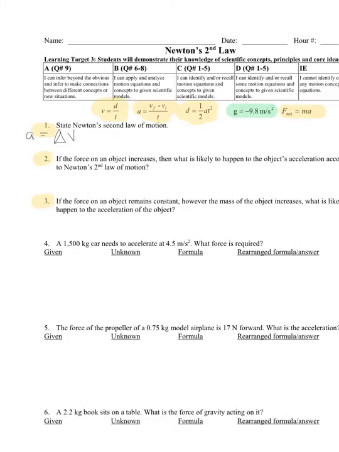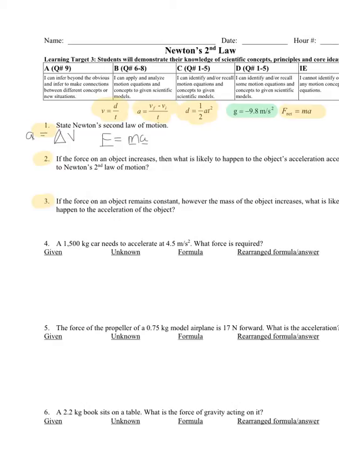Simply stated, if we apply a force to an object, that object will have a mass and an acceleration. If we can calculate the mass and acceleration of that object, we know the force that was applied. So Newton's second law of motion basically says that the applied force on an object is equal to its mass times the acceleration.